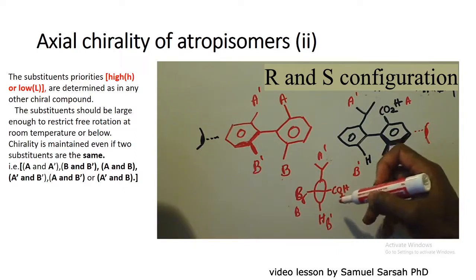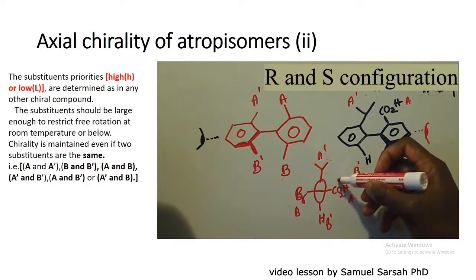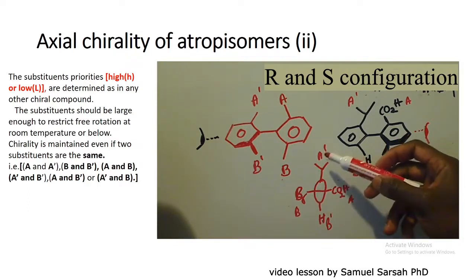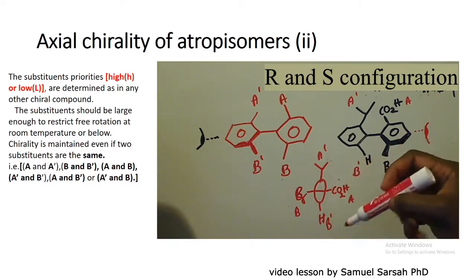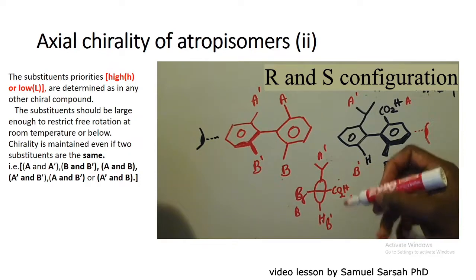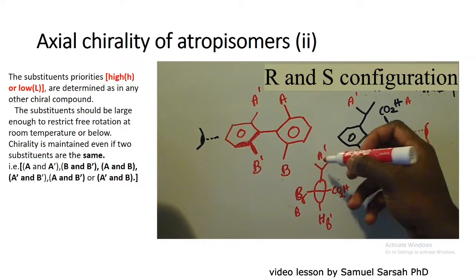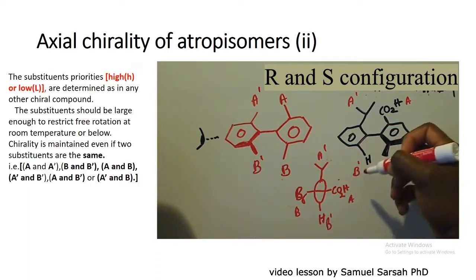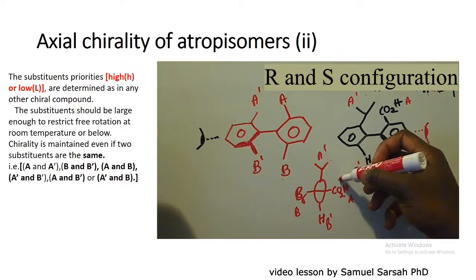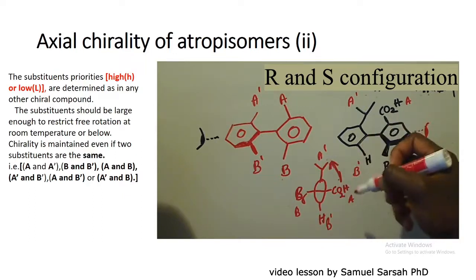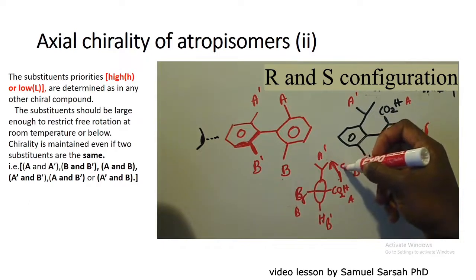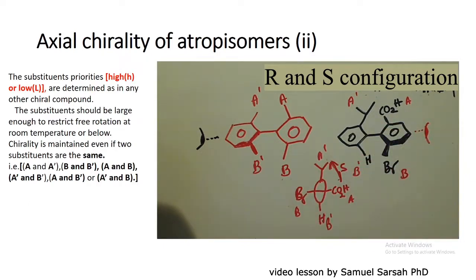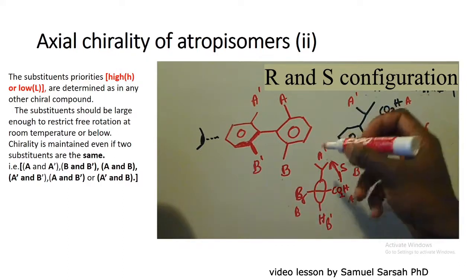I have to start from here, and then I have to look at A prime and B prime, which one is higher in priority. So, of course, the propyl group is higher in priority than the hydrogen. In that case, I have to go from here to here. So that is a counterclockwise direction, and therefore that's an S configuration.